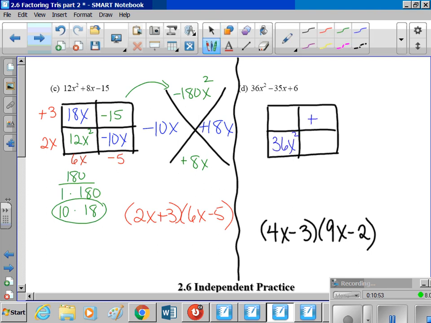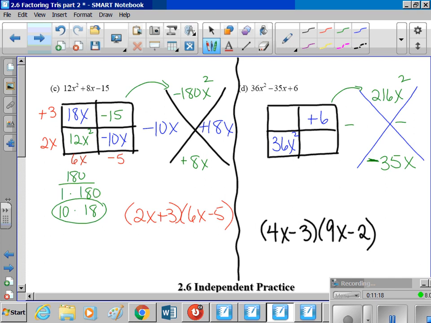We put the positive 6 here, crisscross worksheet. We multiply these two together and we get 216x squared. The negative 35x goes down here. Because it's positive, we know both of them are negative because this has a negative 35 and the positive 216 tells me that a negative times a negative is a positive.